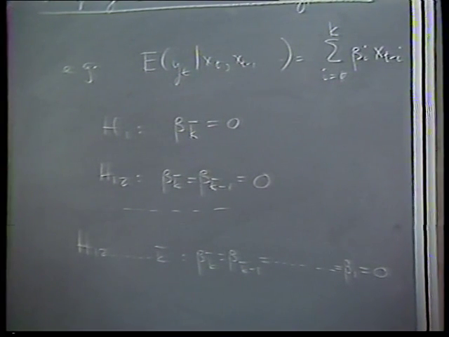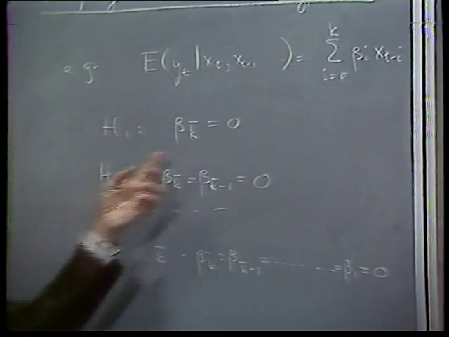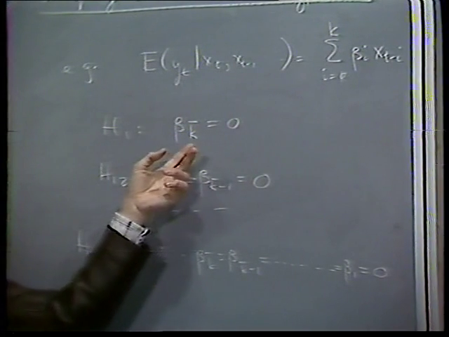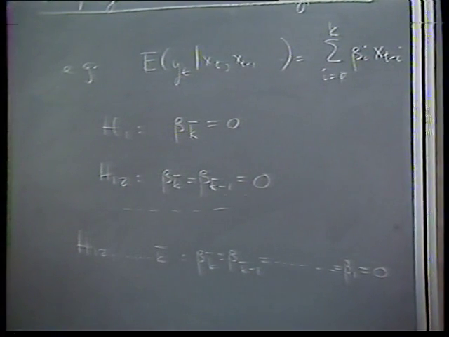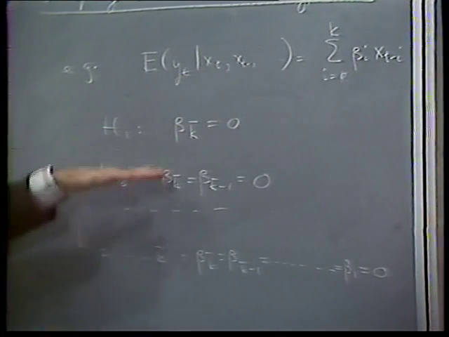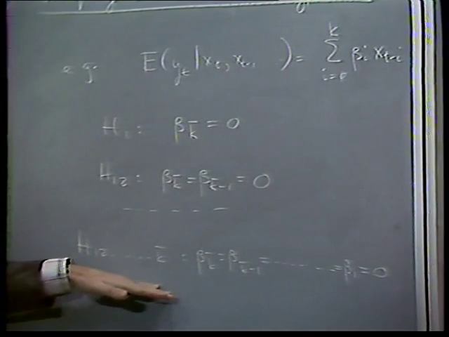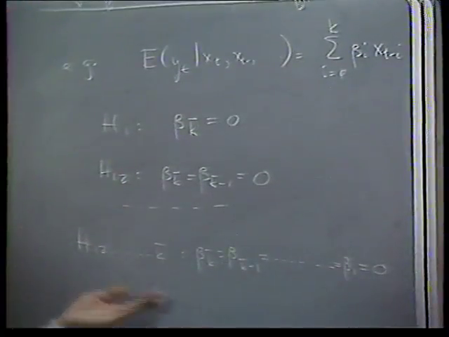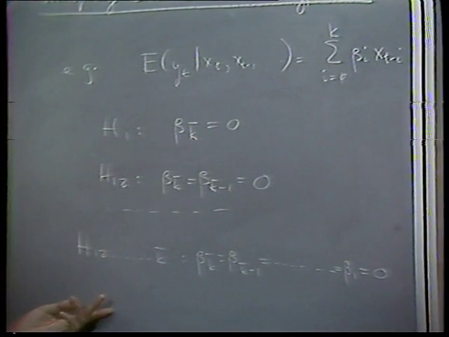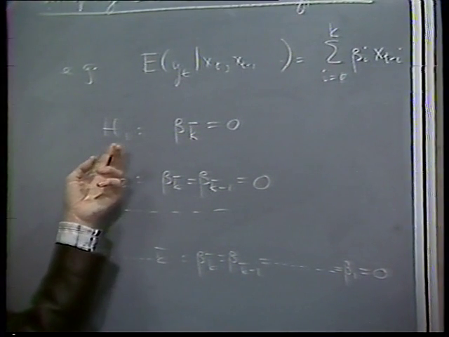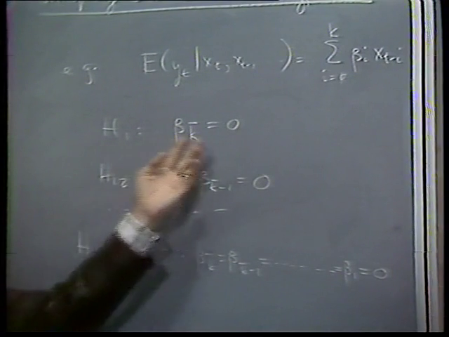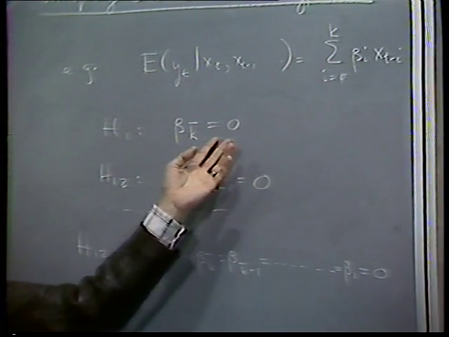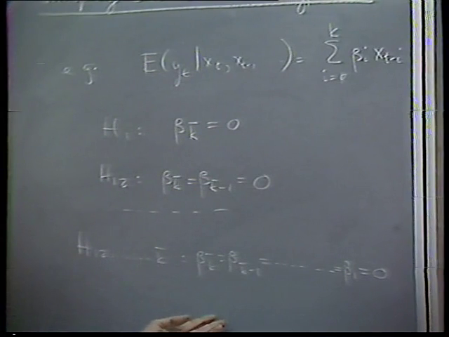And the uniquely ordered property comes about because if in fact H1 was false, at that stage we know we don't need to go on and test any of the succeeding hypotheses because they must also be false, because every one of the succeeding hypotheses embodies H1.